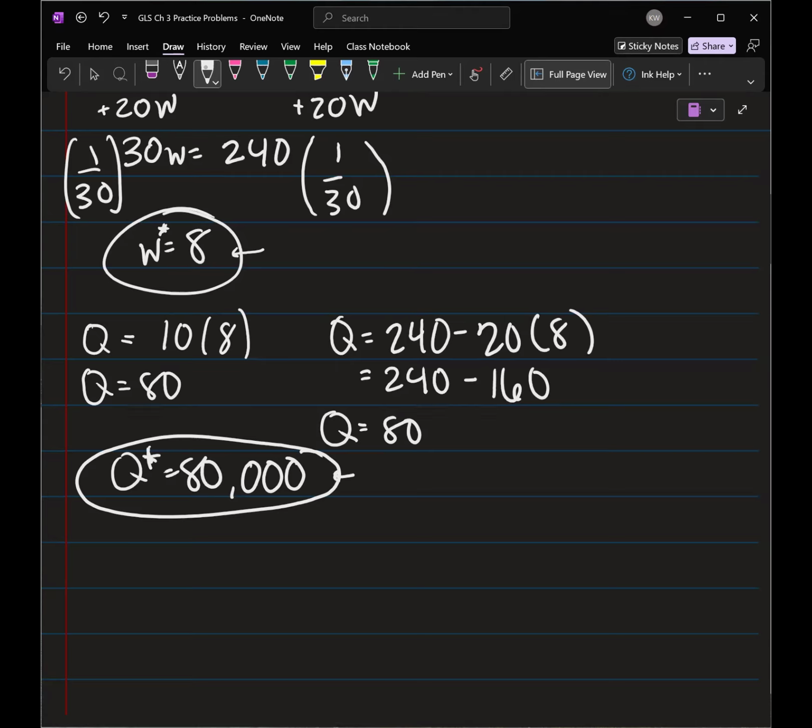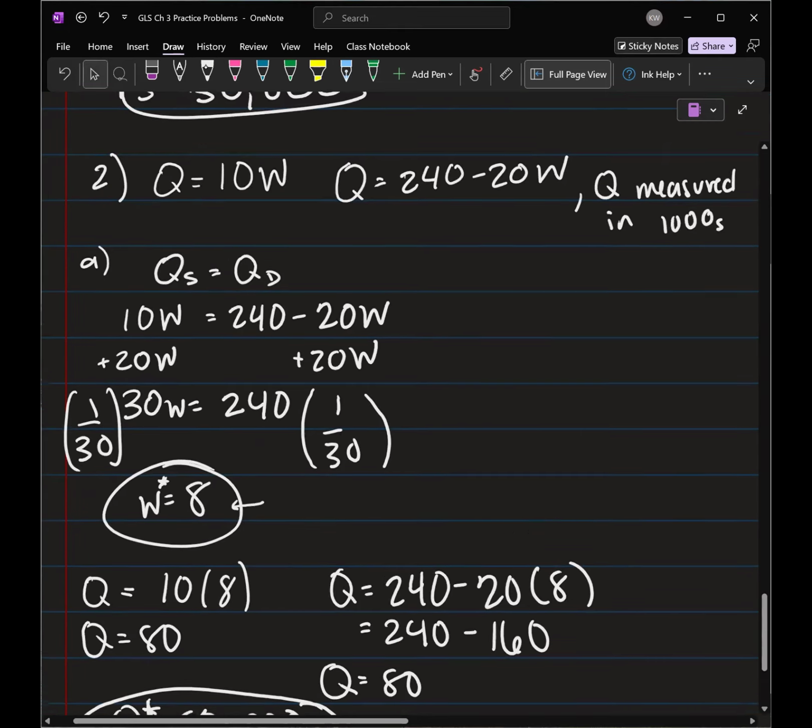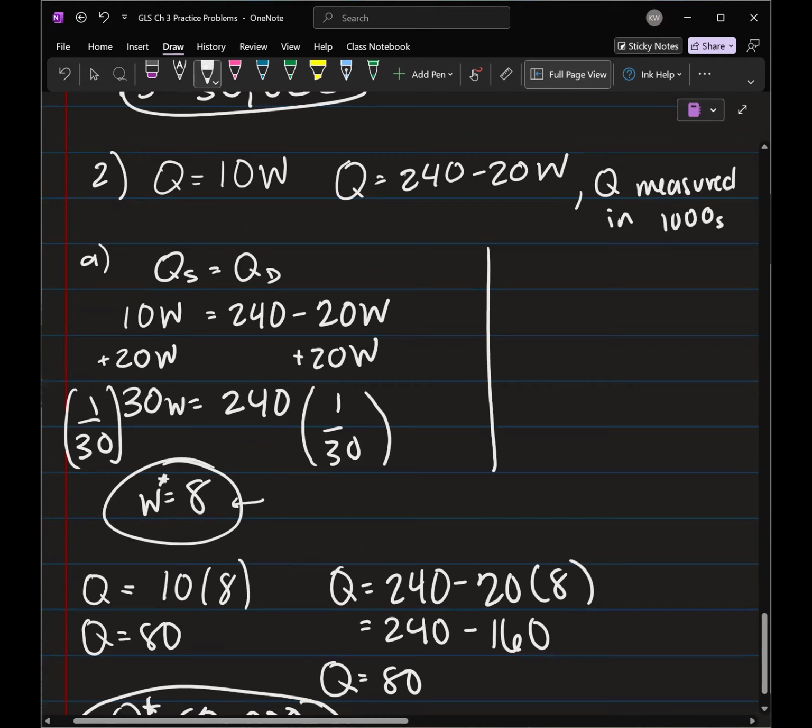All right. So next, part B asks us to find the consumer and producer surplus in this market. To do so, let's go ahead and start by drawing our market. So we're going to have that this is the labor market.